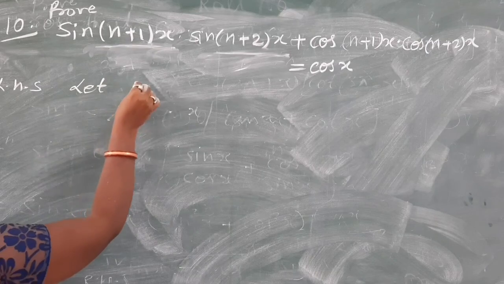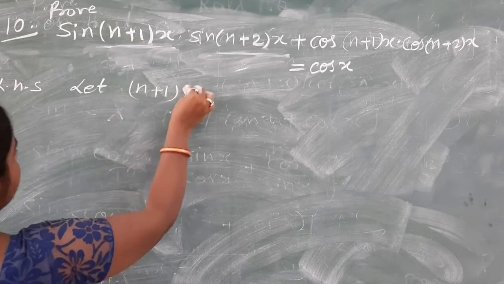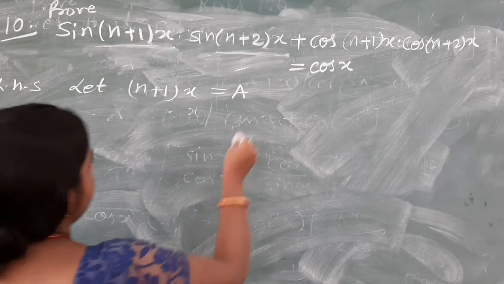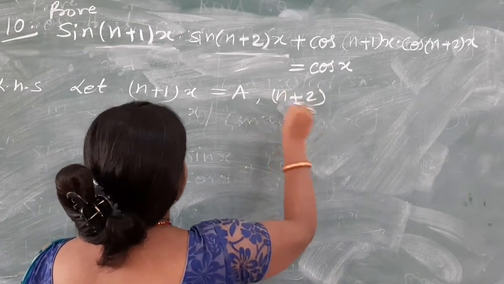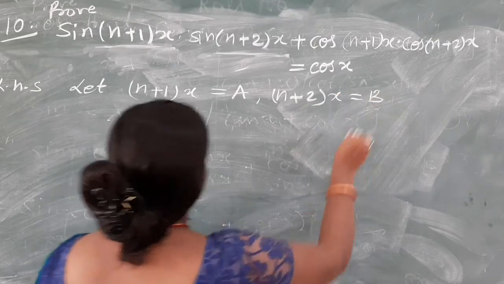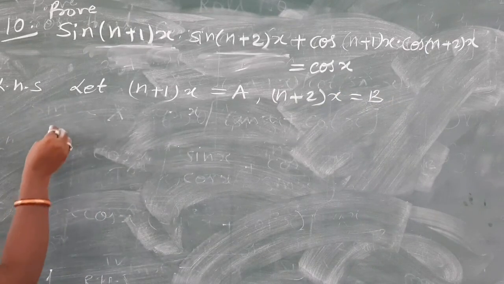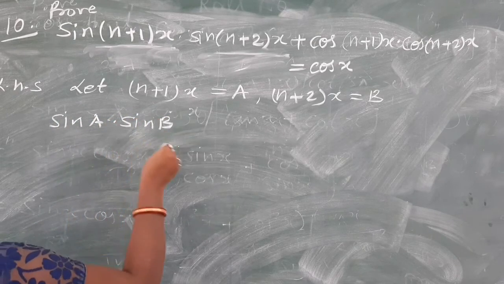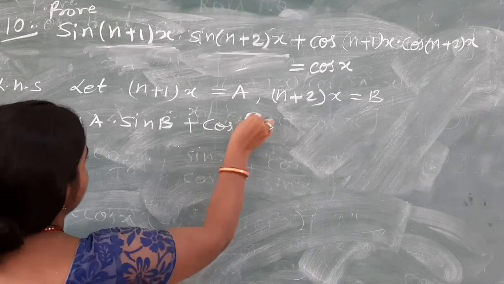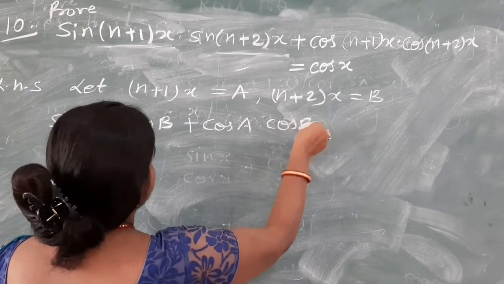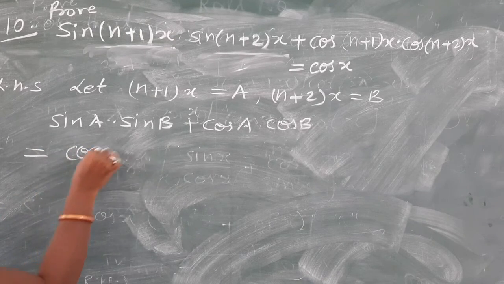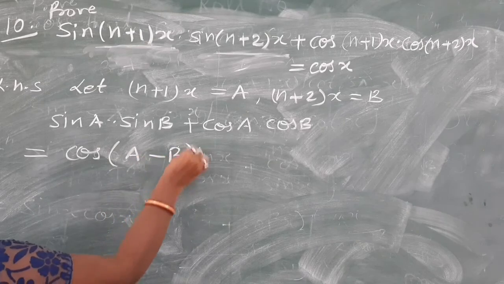Let (n plus 1)x equal A and (n plus 2)x equal B. So the left hand side I can write as sin A into sin B plus cos A into cos B. So we know that this is the formula of cos(A minus B).